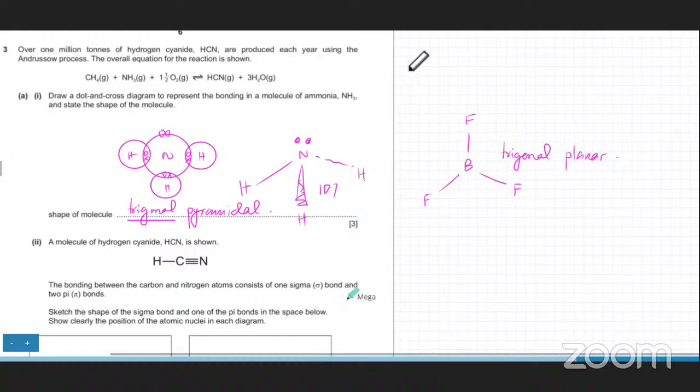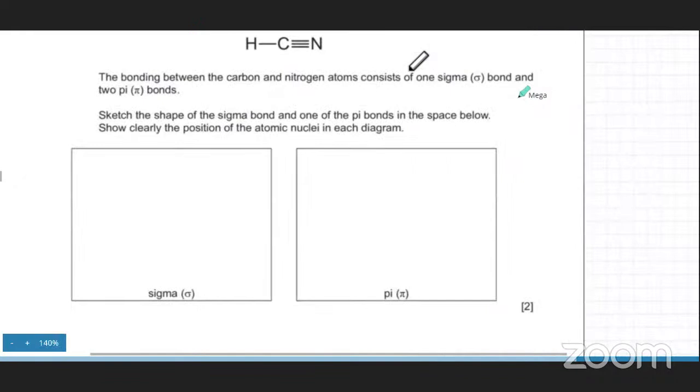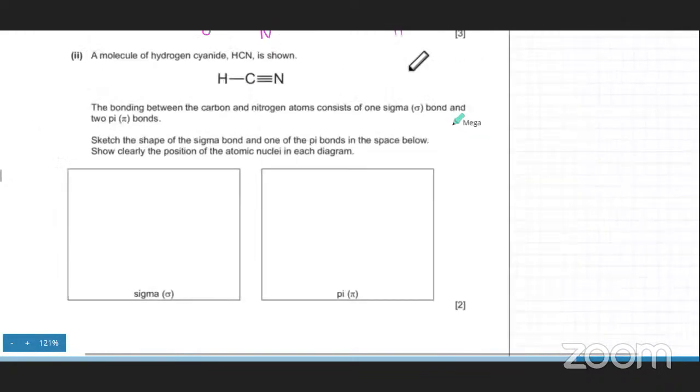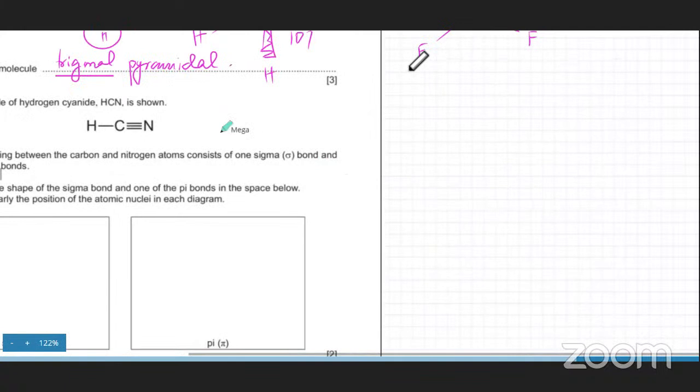So you have an HCN molecule, and they're saying the bonding between the carbon and nitrogen atoms consists of one sigma bond and two pi bonds. Sketch the shape of the sigma bond and one of the pi bonds. Although the question is a lot simpler, I'm going to talk about this in detail, about the hybridization of carbon.